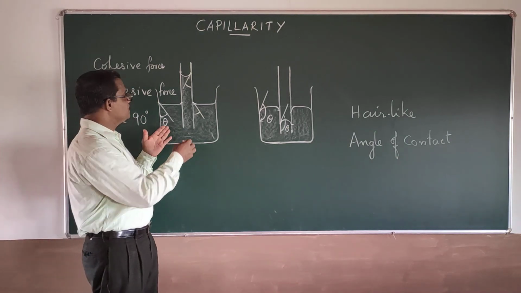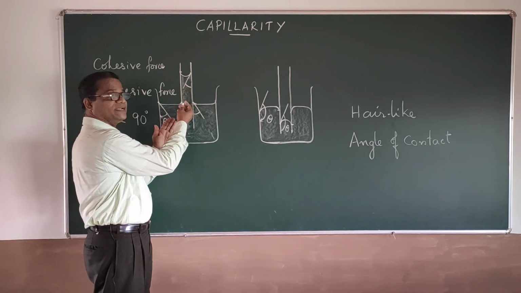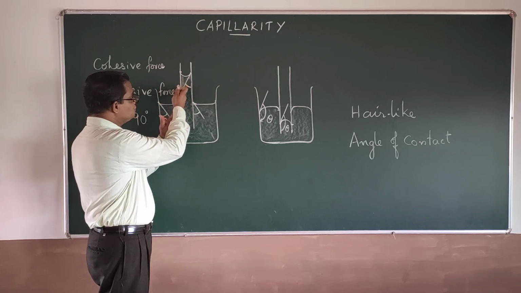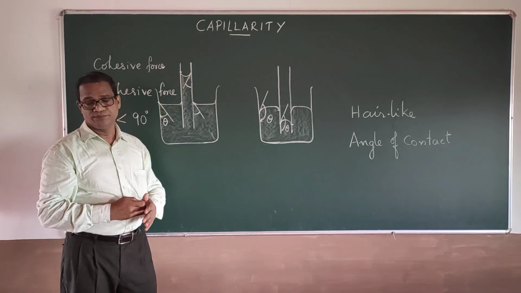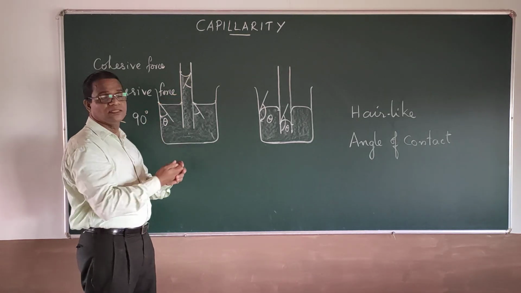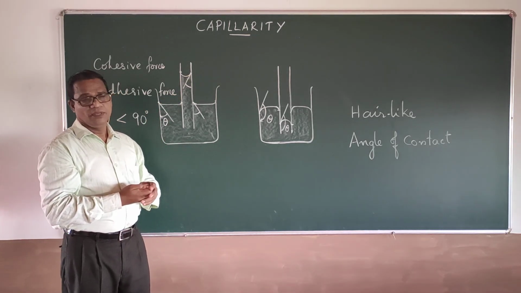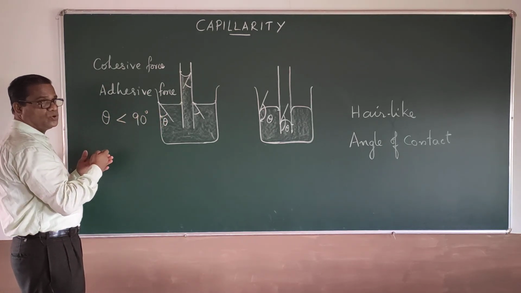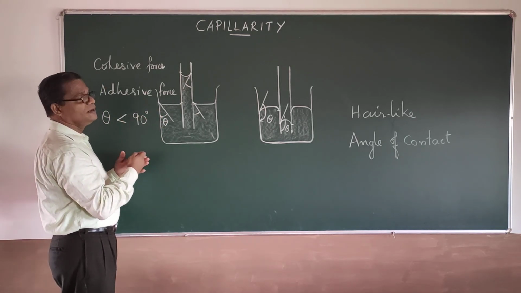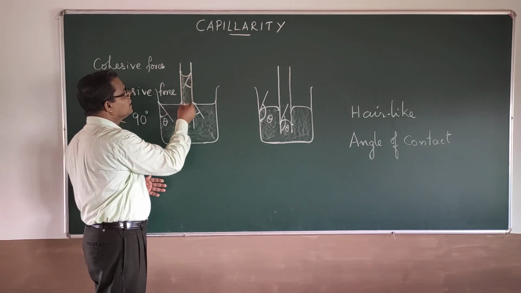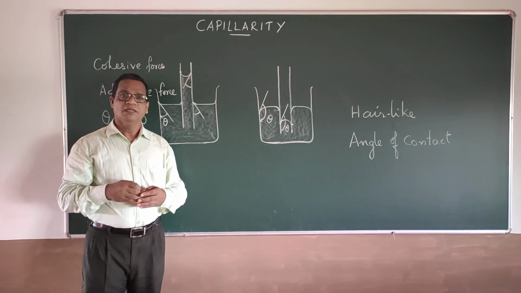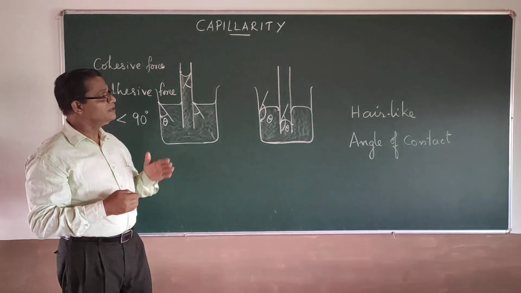Adhesive force means the force of attraction between the molecules of the tube and the liquid, here the glass and the liquid. If the adhesive force is more, then the sticking of the liquid with the glass is taking place. That means the liquid can wet the glass.